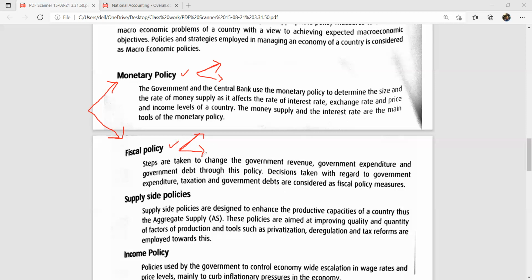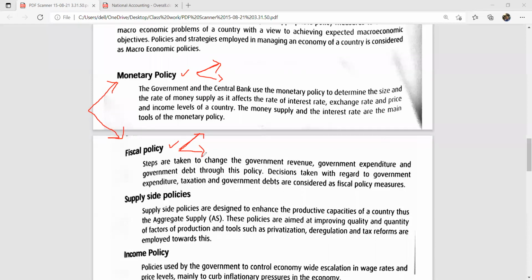The government has a budget. It's a particular plan of what they are going to do in future. So the budget clearly implies what kind of expenses and what kind of income the government intends to implement. So fiscal policy concentrates on those.